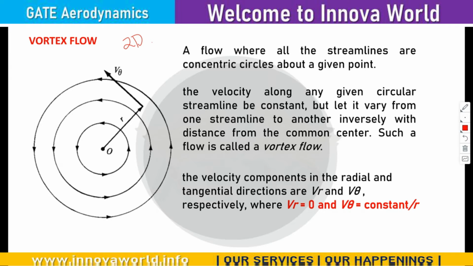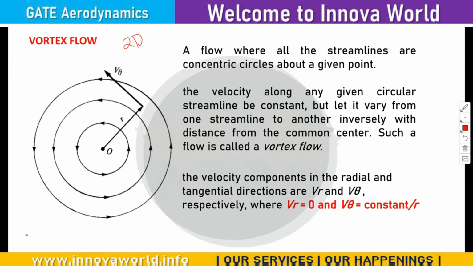Just like when you drop a stone in stagnant water, you can see the vortex formation. That is a great example I can give for a vortex flow. Now let's see how this formation is represented in terms of radial and tangential flow.